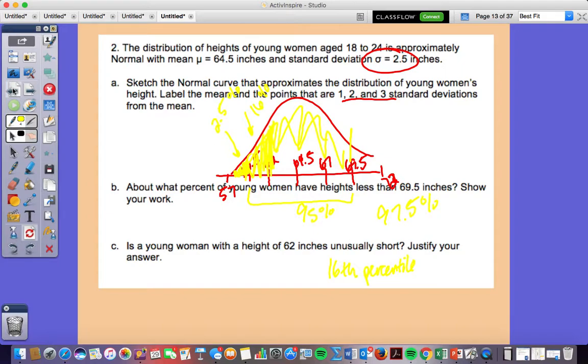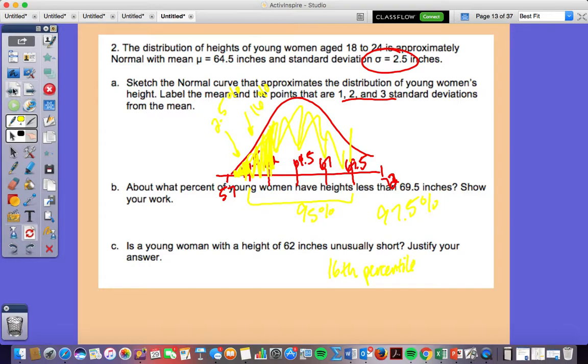Here's the answer to that. Okay? Eyes up here, because then we're going to go into something here. That's a great question. It doesn't matter whether you say yes or no to this question. I would say it does not matter as long as you justify it accordingly related to what we've got. Fiona said that we're in the 16th percentile, that would be abnormally short, meaning that 16% of women would be less than 62 inches, right?